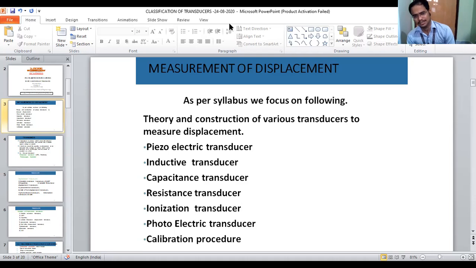When we bring this transducer near the force to be measured, the converted form of the displacement, that force is applied over the crystal, and it will create molecular dipoles.